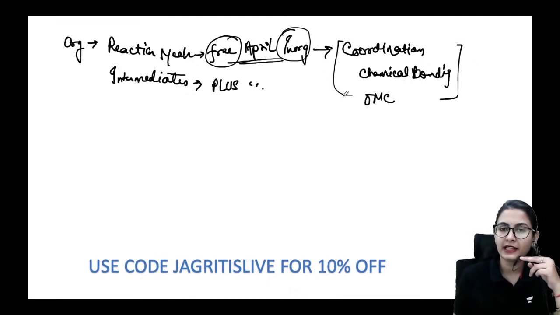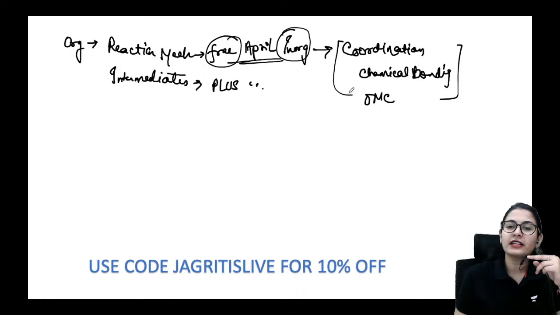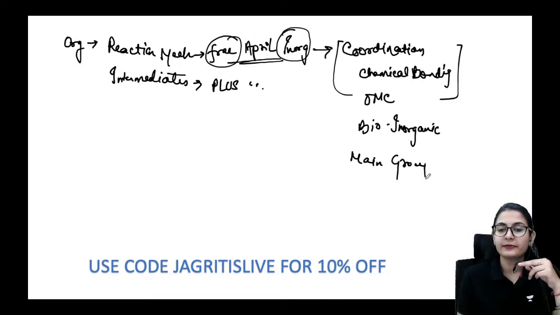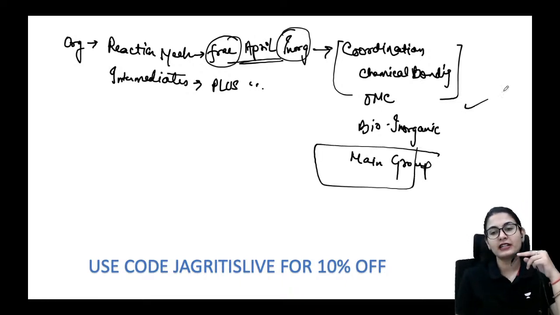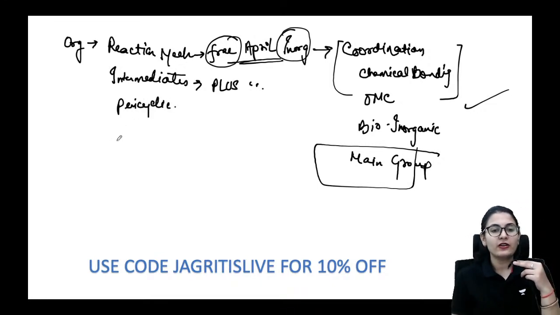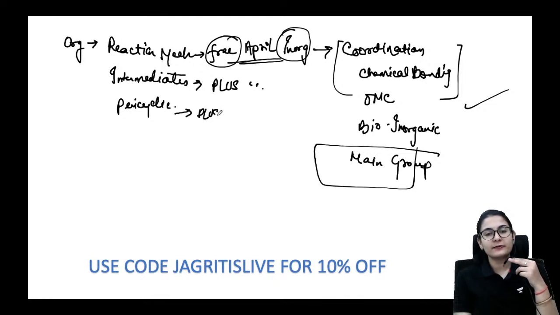You will find in my profile the inorganic chemistry detailed course. Bioinorganic is also done. What are we going to start? We are going to start the main group. We are starting this now. All of these topics are done. You can visit my profile and check from there. Pericyclic and photochemistry are also there in the Plus class.